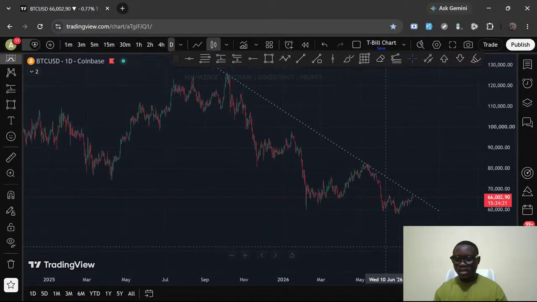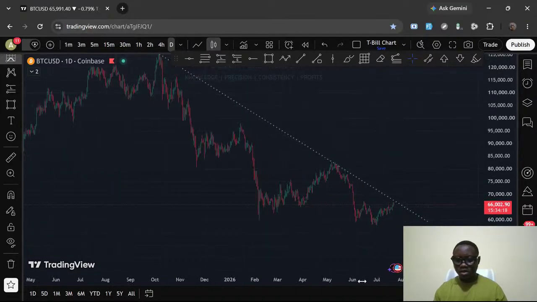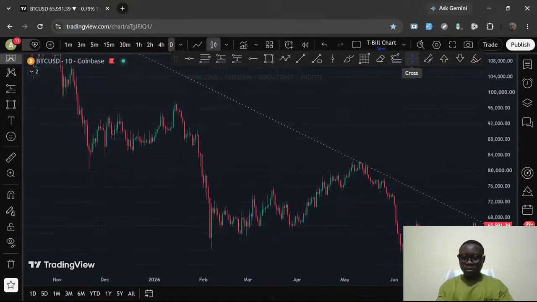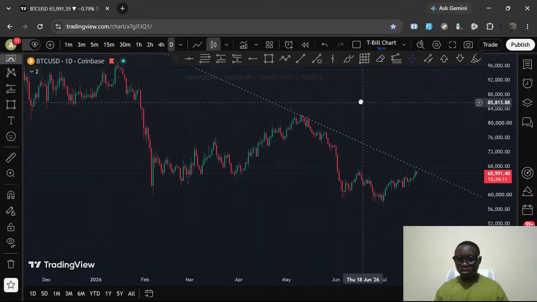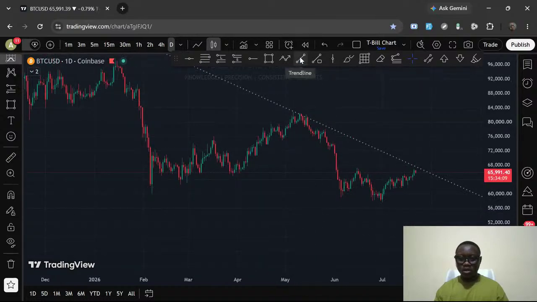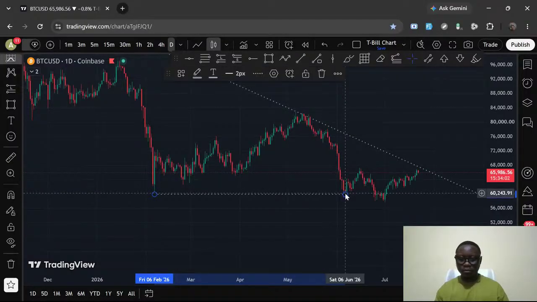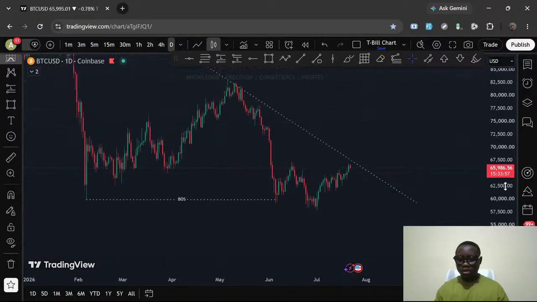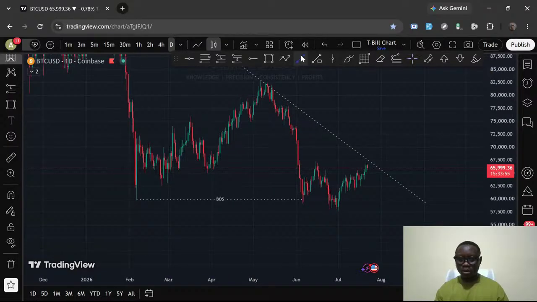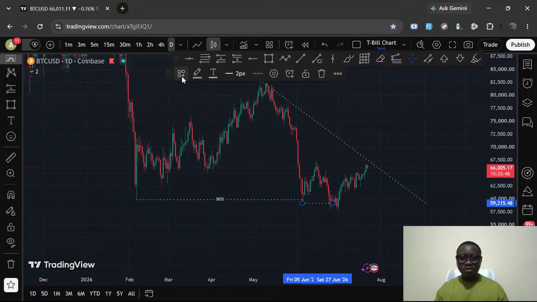Next thing I want to look at is structure. Okay, so we got this break of structure to the downside right here. And we got this break of structure, here's another break of structure to the downside.